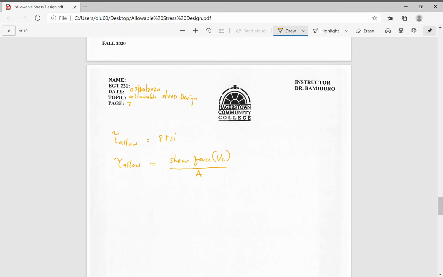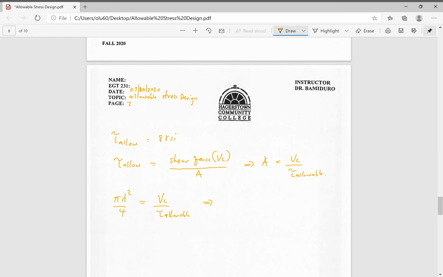Okay, so we want to find the diameter, so we can rearrange this and say V_C divided by tau allowable. Now again, pi d squared over 4 happens to be V sub C, the shear force at pin C, divided by the allowable.